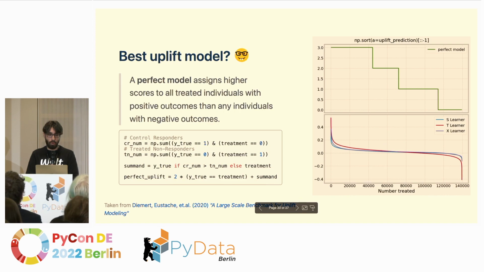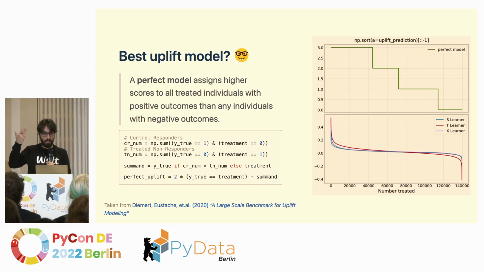So the uplift model is working well when these two are the same, meaning that you predict there's a treatment, there was a positive outcome, or there was no treatment, there was no positive outcome. And then you need to correct that by just taking the errors which are, let's say, the biggest ones, so to say.